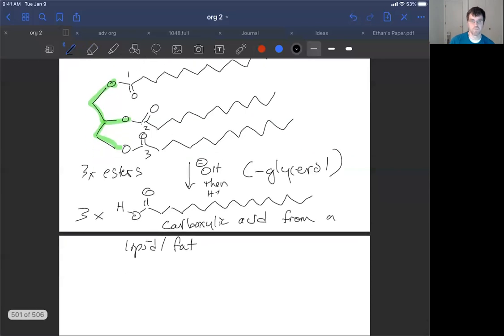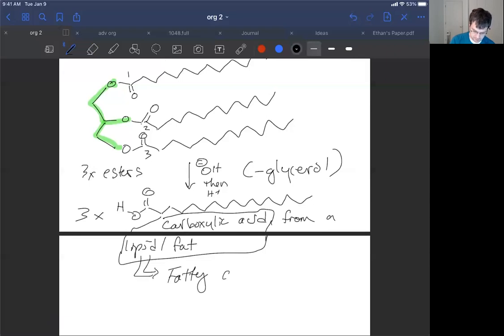Okay. What does this matter? Well, if you look at these words, carboxylic acid from a lipid or fat, this is also called a fatty acid. Fatty acids make great soaps. Why?